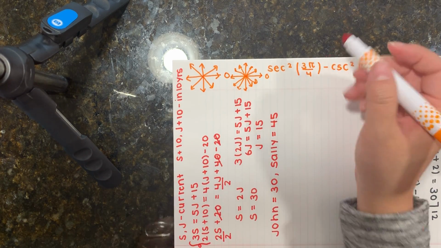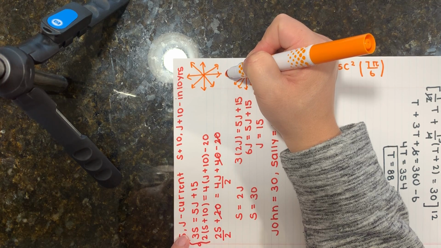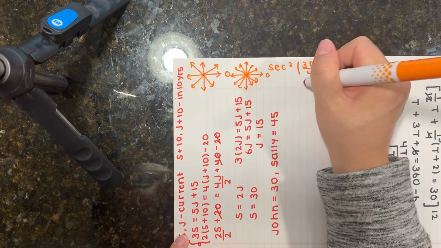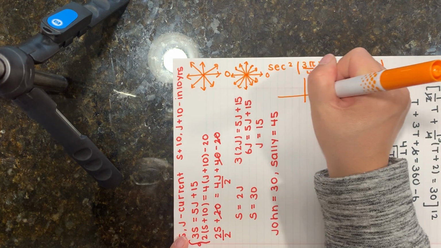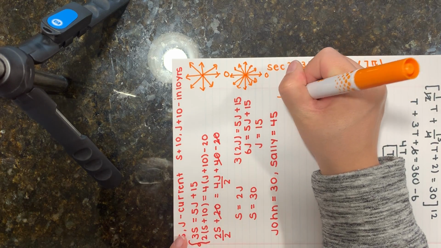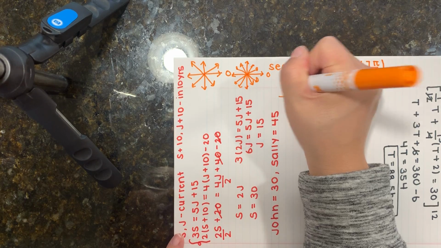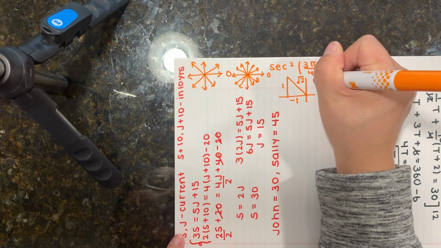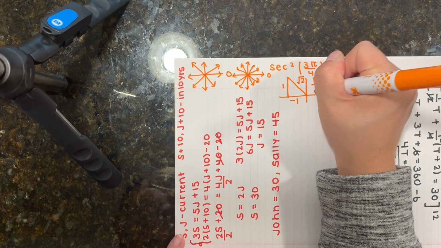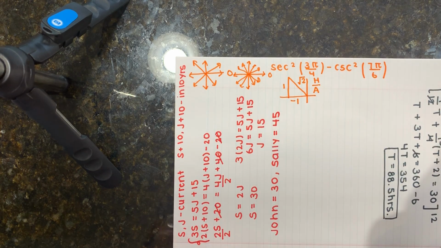So for 3 pi, I have to start counting in quadrant 1. So 1, 2, 3. That puts me in quadrant 2 with a 45-degree angle, because again, 180 divided by 4 is 45. So this would be negative 1, 1, root 2. Secant is the inverse of cosine, so that would be hypotenuse over adjacent.